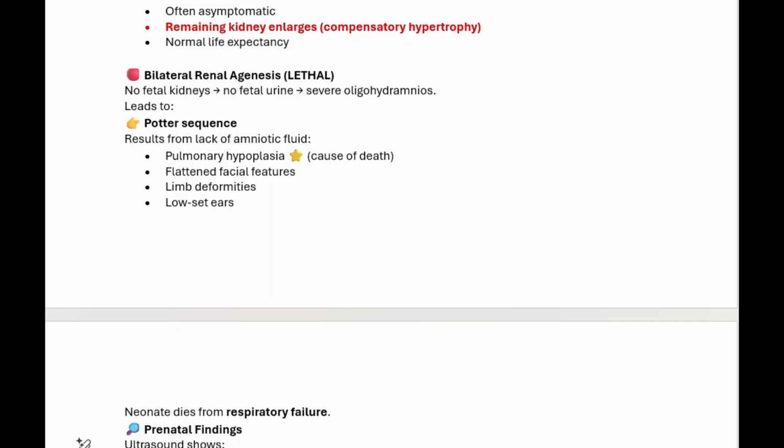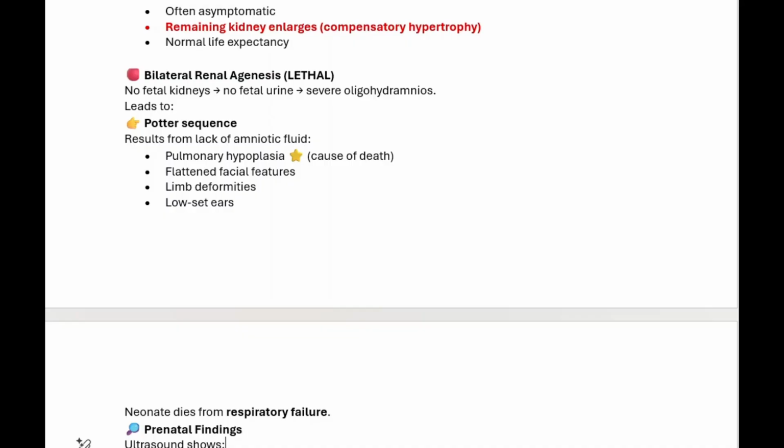And once they pee, their pee is part of the amniotic fluid. So if this fetus doesn't have any kidney, they will not be able to pee. And if they can't pee, that will lead to a decrease in amniotic fluid. That's what we call oligohydramnios. So decreased amniotic fluid is what we call oligohydramnios.